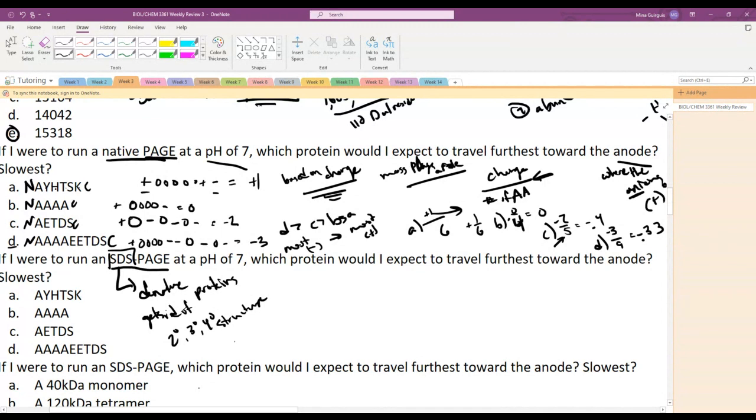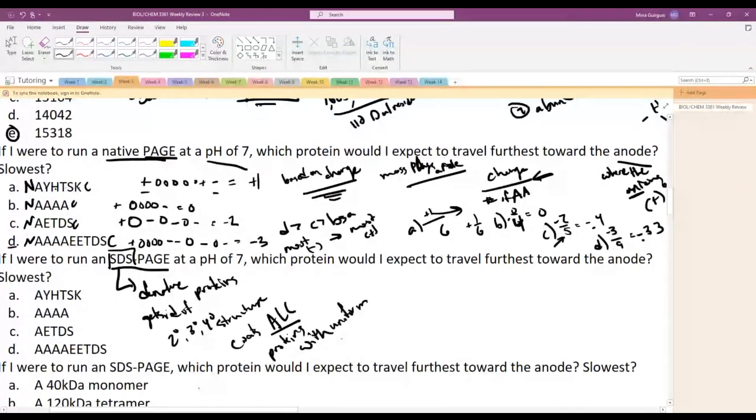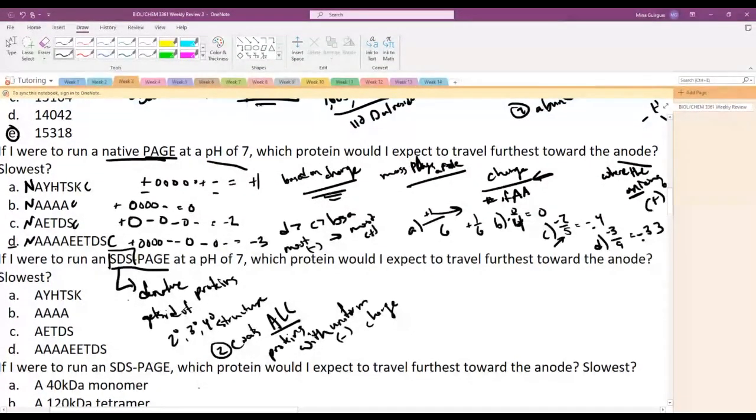When it does that, it also coats all proteins or polypeptides or whatever you want to call them with a uniform negative charge. So it does two things. The first is it denatures the proteins, which gets rid of all secondary, tertiary, and quaternary structures. And second, it coats all proteins with a uniform negative charge.